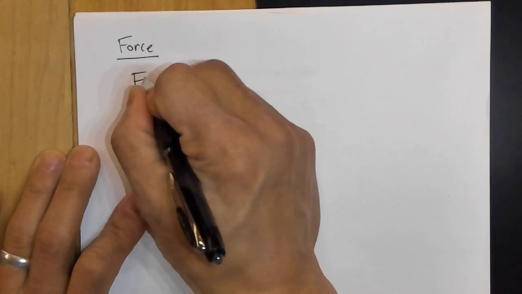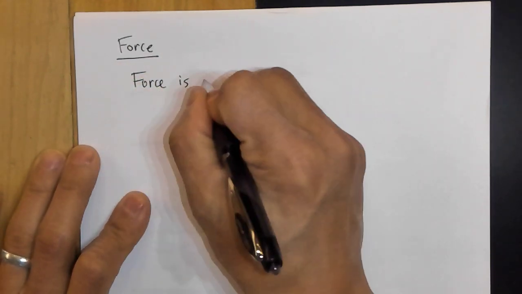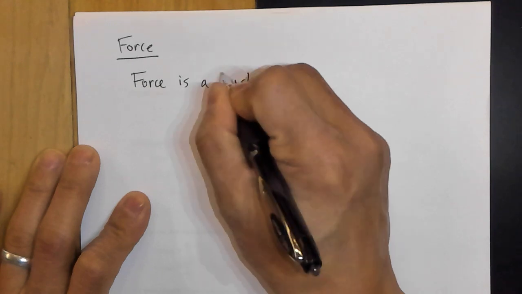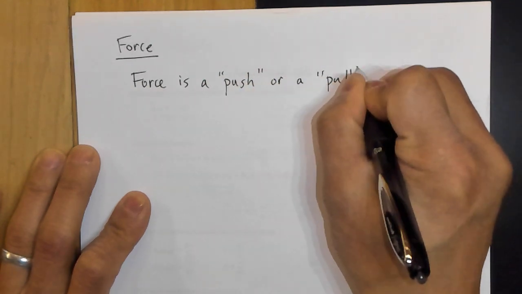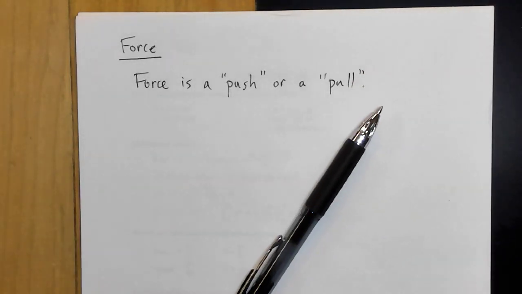And every textbook at this level is saying the exact same words. A force is a push or a pull. So I can push you, or you can push me, or I can pull you towards me, or you can pull me towards you.